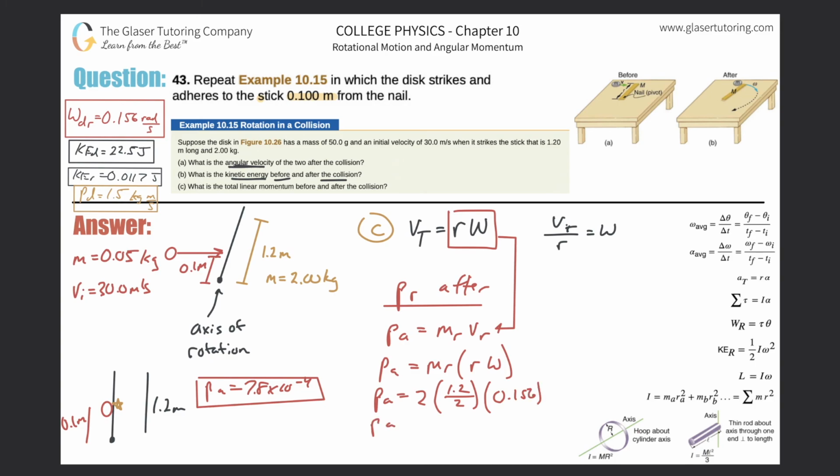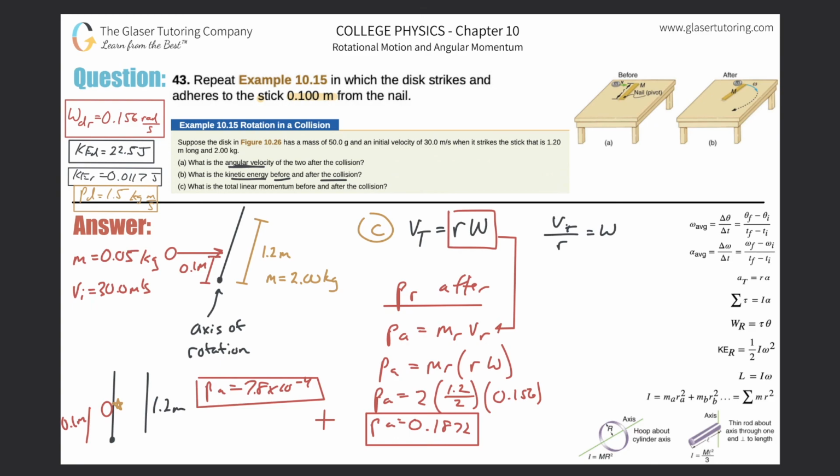So let's get this now. What does this come out to be? The 2's would cancel, so it's 1.2 times 0.156. Almost made a calculation mistake there. So this works out to be 0.1872. Now this is for the disk, and this is for the rod. So how do we find the total?